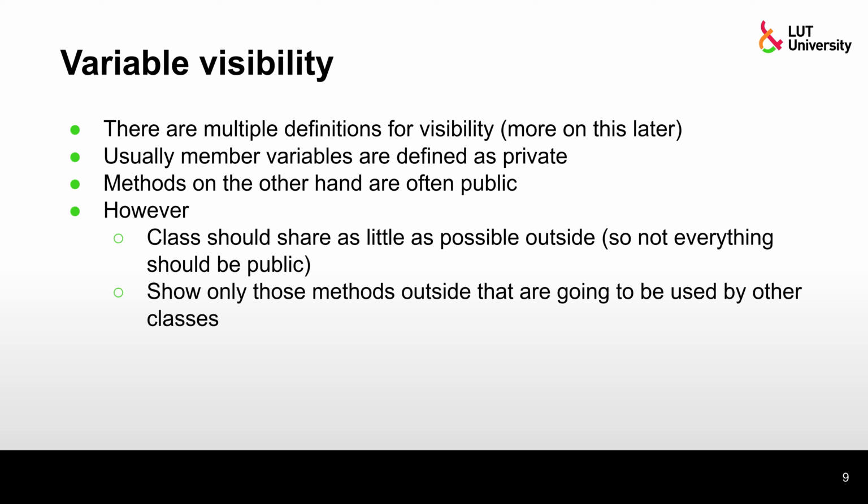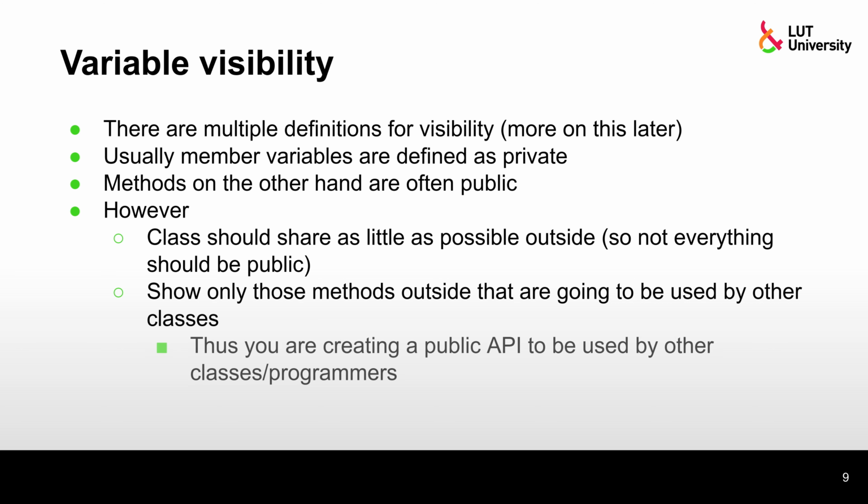So it's first checking engine and then it starts to launch and fly. And then this check engine method should be private. So it's not visible to outside that class. And this means that when you are creating a public API to be used by other classes and programs, those are those methods that are public. And they are seen by the rest of the classes and rest of the developers.